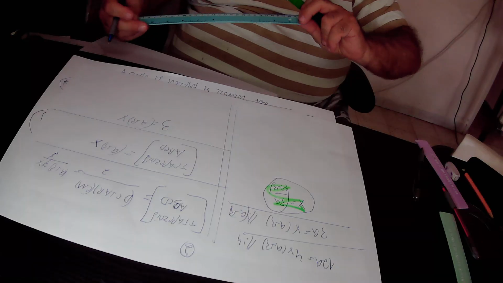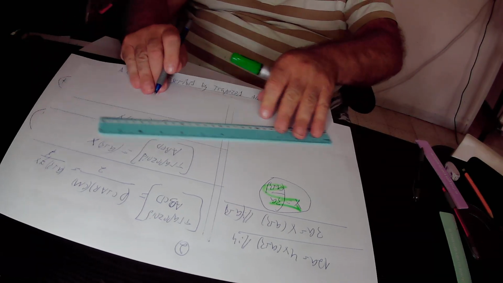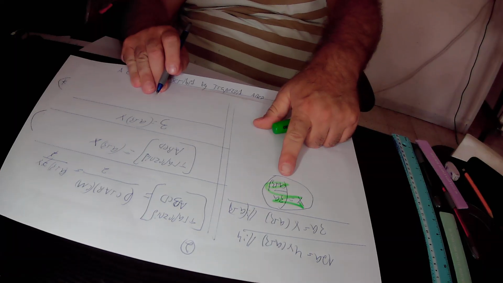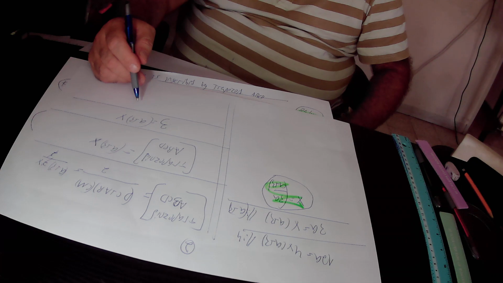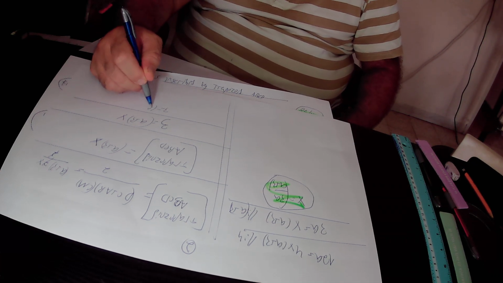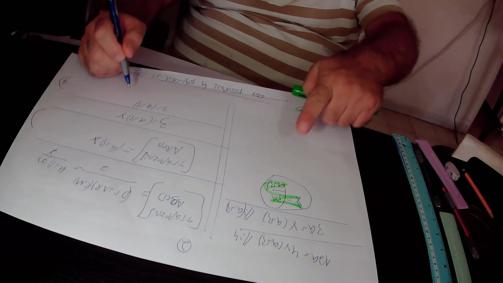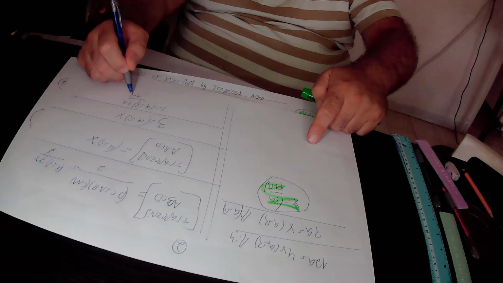So 3 equals a plus 3 times x. But we have already found that x equals 3a over a plus 3, so we can substitute x in this equation by 3a over a plus 3.